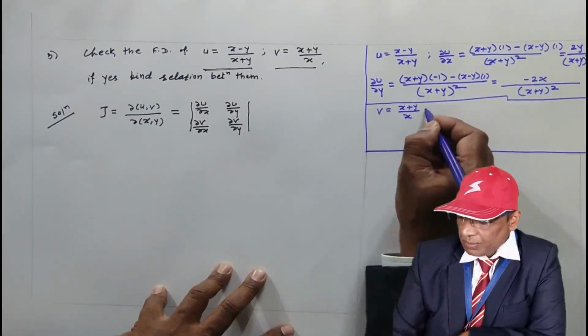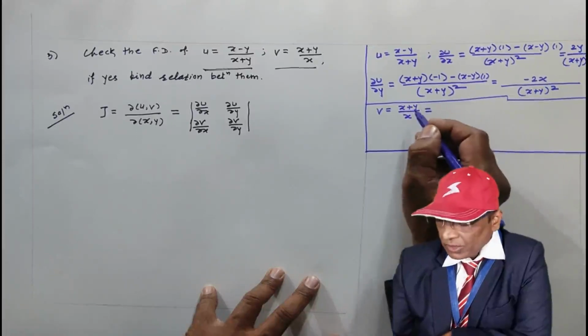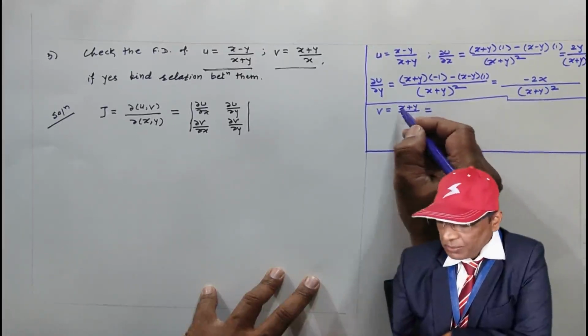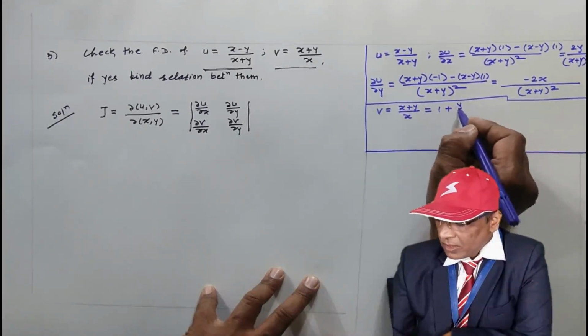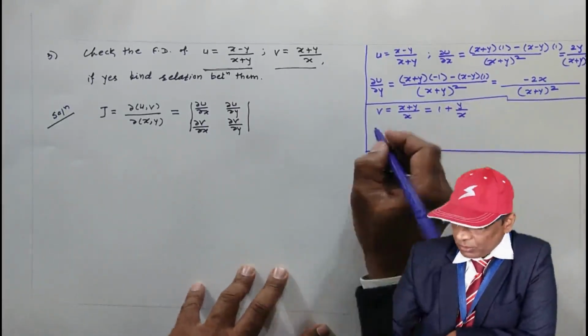So for the sake of simplicity, you can directly take derivative, but for the sake of simplicity, in the denominator a single term is there, in the numerator two terms are there, x by x is 1 and y by x, like this. For the sake of simplicity I have written. You are free to take derivative directly also.